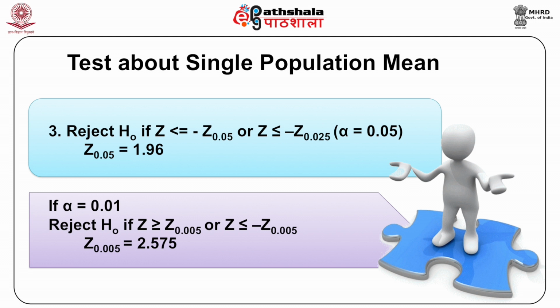Z 0.025 is equal to 1.96. If alpha is equal to 0.01, reject H0 if Z is greater than or equal to Z 0.005 or minus Z 0.005 is greater than or equal to Z, where Z 0.005 is equal to 2.575.